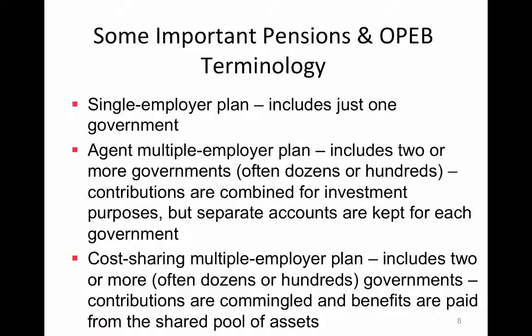Under the old standards, it was the cost-sharing employers that had less of an accounting and financial reporting burden because that actuarial valuation was done for the plan as a whole, and so a lot of the information about the funded status of the plan was not available for the individual participating employers. Under GASB Statement 68 for pensions, a lot of that lesser reporting has been eliminated so that cost-sharing employers have to report pretty much the same thing that other types of employers do as well.